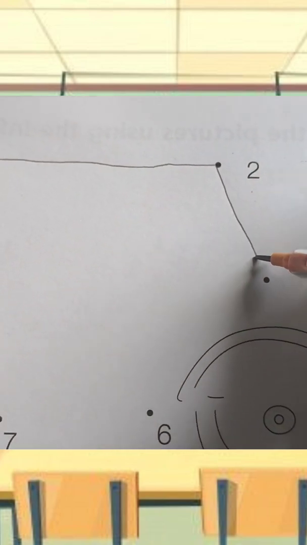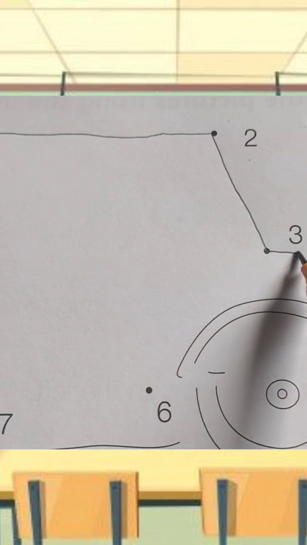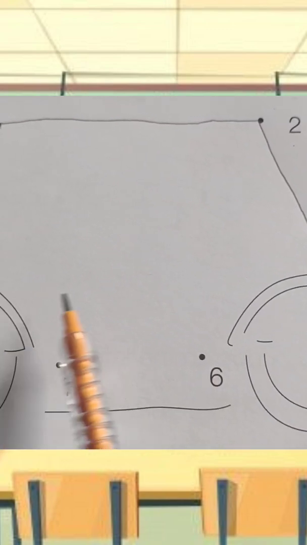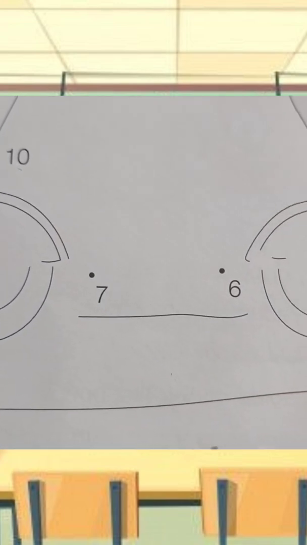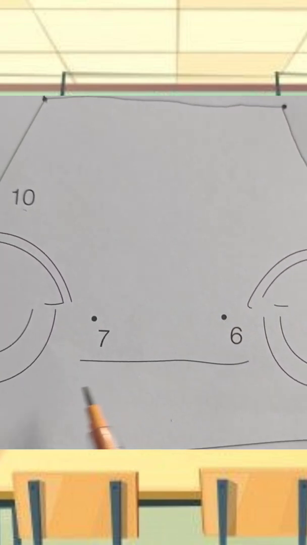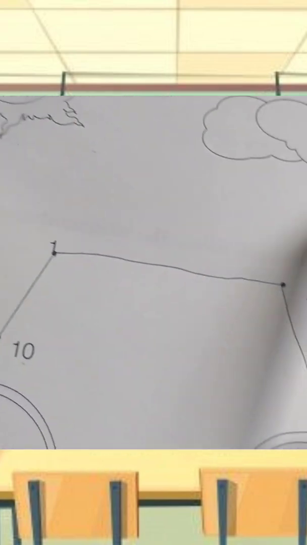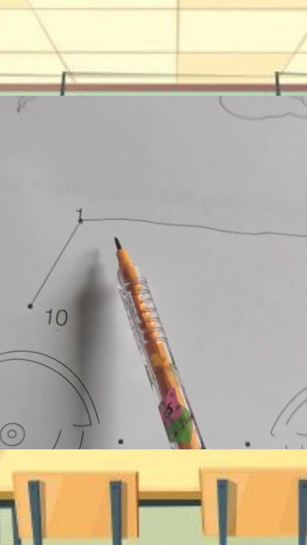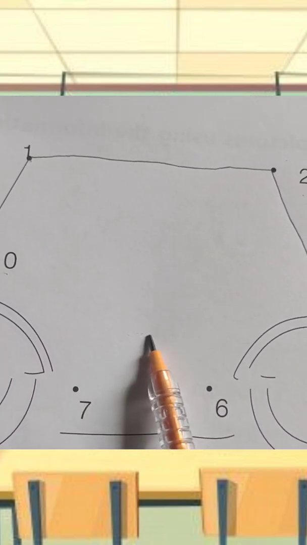You move from number 2 to number 3, from number 3 to number 4. You have to do like that till number 10. After that, you will get the image of a car and you color the car too, okay? You color the sun, you color the clouds, you connect the dots, and you color the picture that you will get.